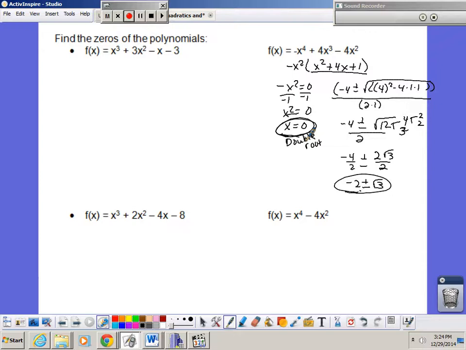Okay, here's my p, and this does fall in. 1 and 8, 2 and 4, plus or minus. We're going to have a lot. This is 1. So it's plus or minus 1, plus or minus 2, plus or minus 4, plus or minus 8.